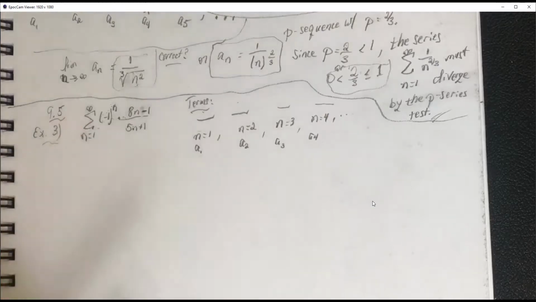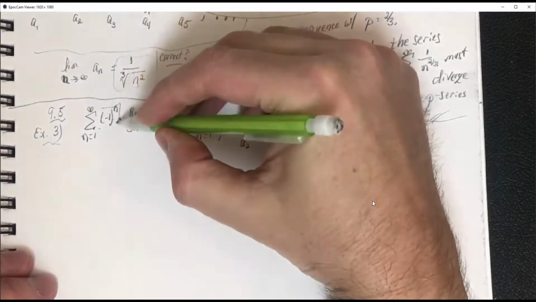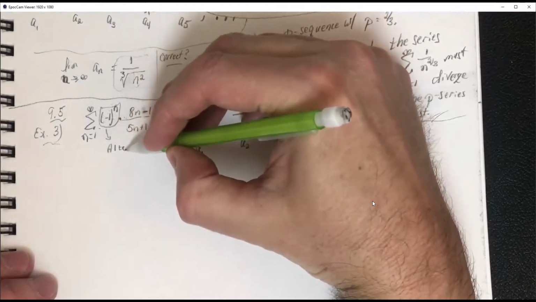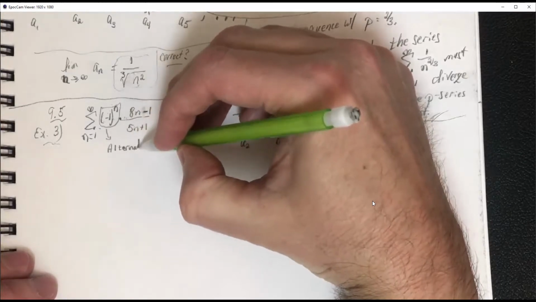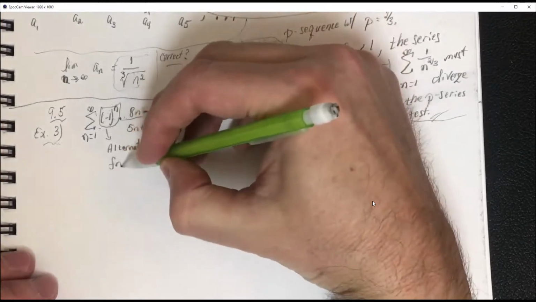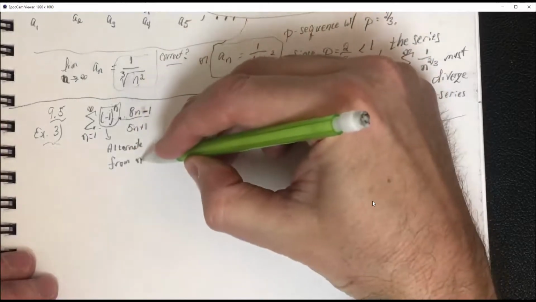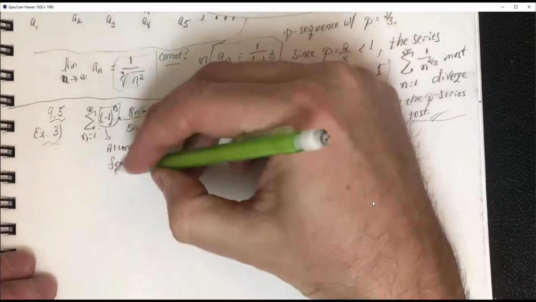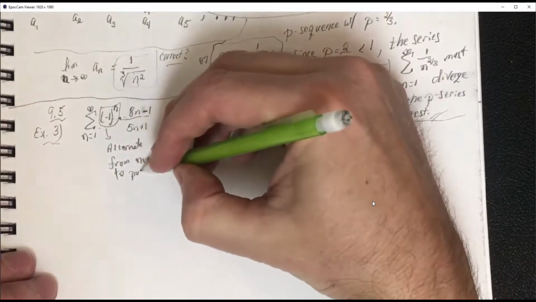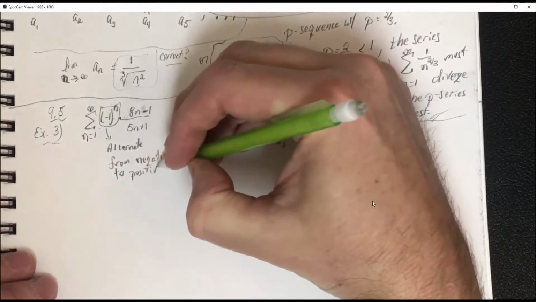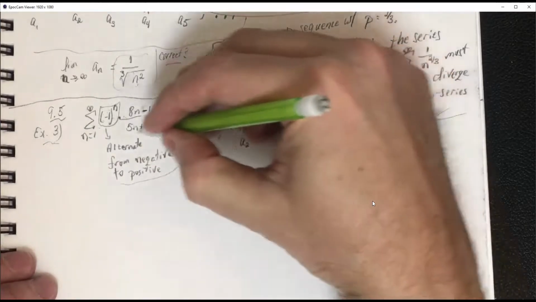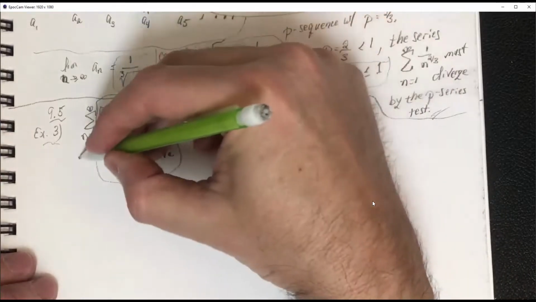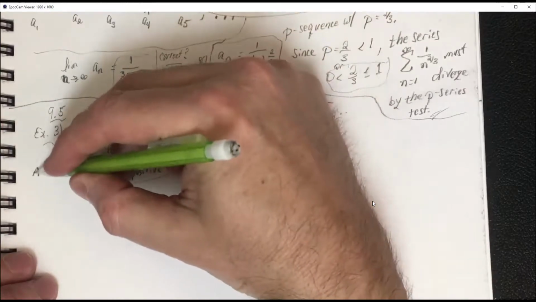So this part makes it alternate from negative to positive. So this sequence is called an alternating sequence.